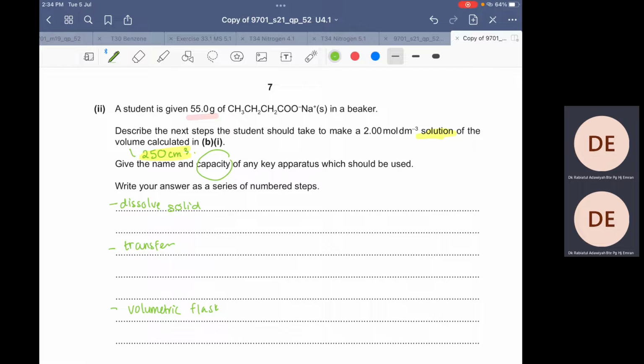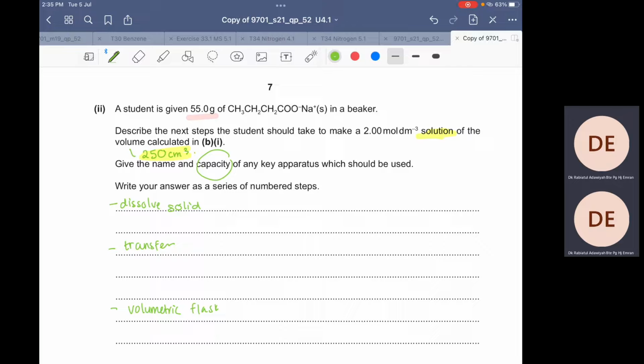Because you should be able to imagine what is the size of the beakers that I have come across inside the lab. Okay, so of course you can't make up a beaker. Oh, I'm going to use a 65 centimeter cube beaker. There's no such thing as 65 centimeter cube beaker. Okay, there's 10, 25, 50, there's 100, 250, I believe, 500, 1 liter. Okay, so you just use the ones that you are familiar with.